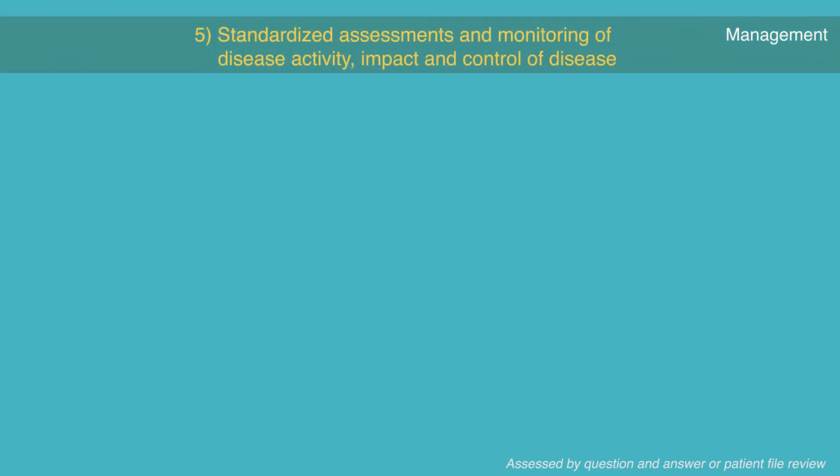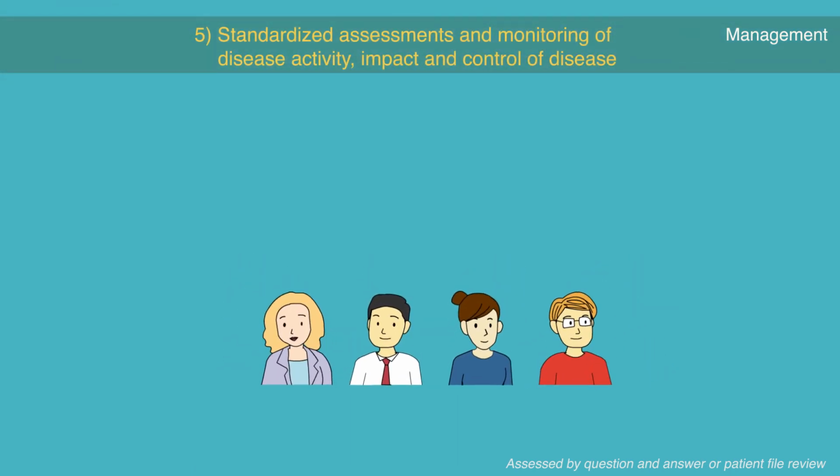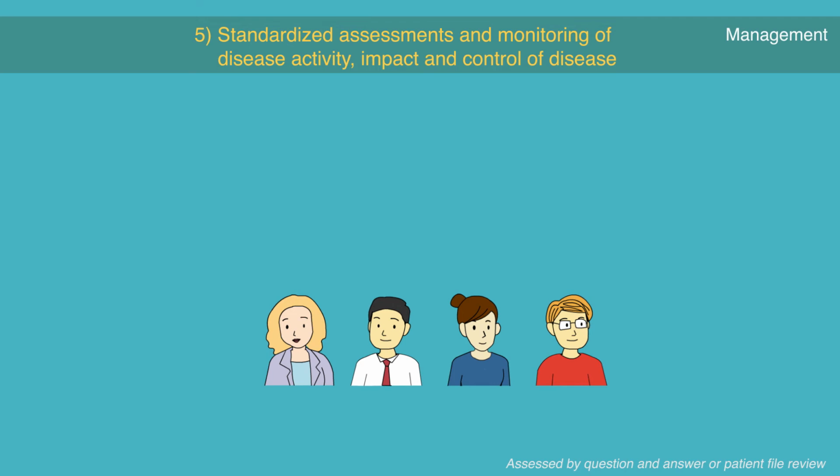Number 5. Standardised assessments and monitoring of disease activity, impact and control of disease. The use of instruments for assessing disease activity, impact and control allows for standardised measurements and monitoring of patients, which can help to optimise urticaria management.